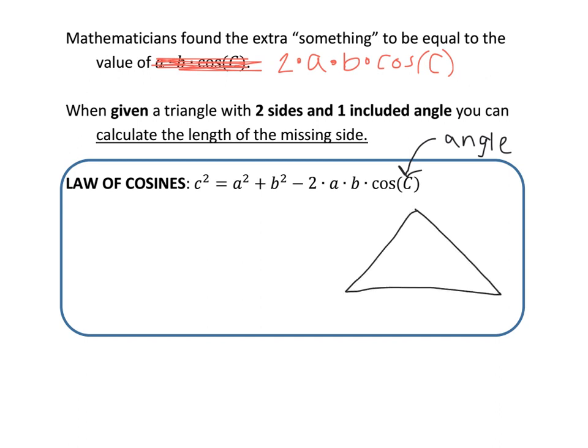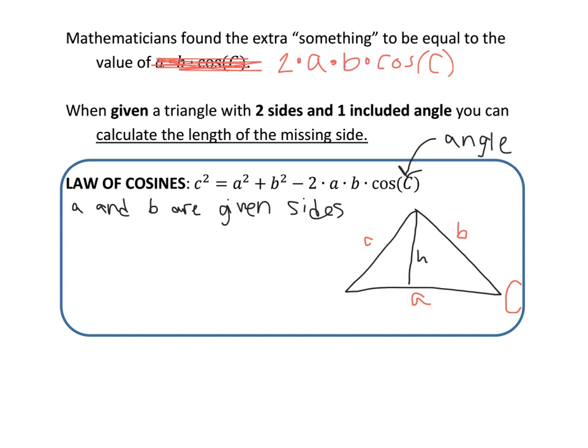Go ahead and draw yourself a triangle. And then we have our angle C and side B, side A. So then the missing side we'd be finding is little c there.